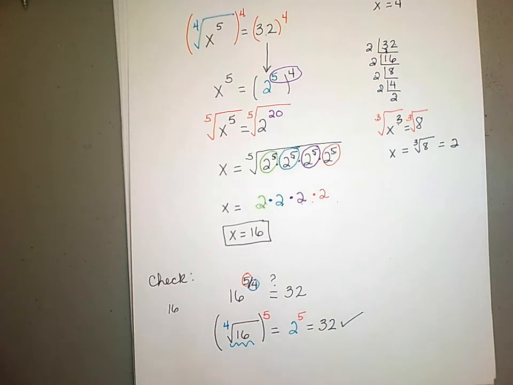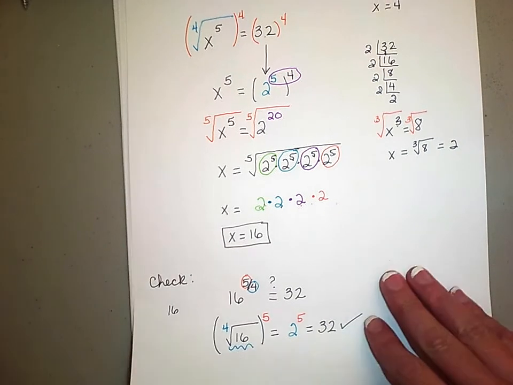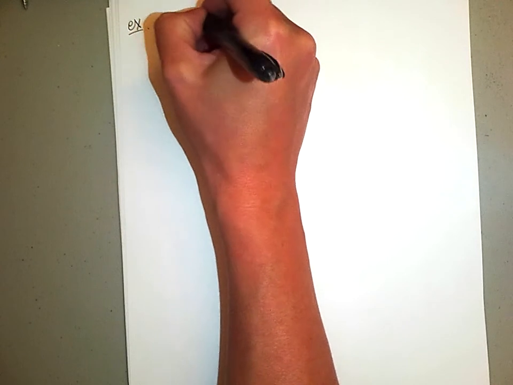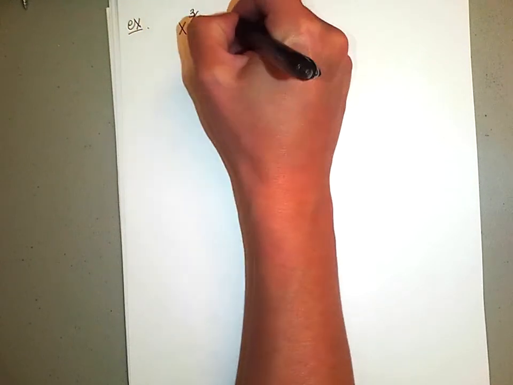Let's try another example. Let's try x to the 3 halves is equal to 125.